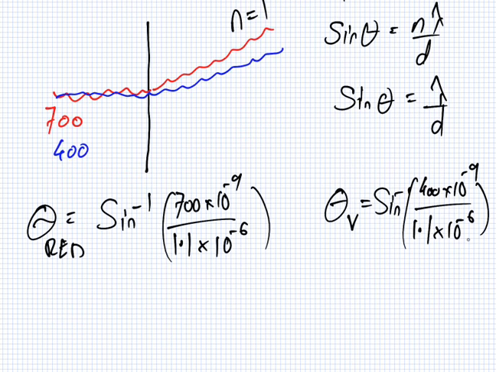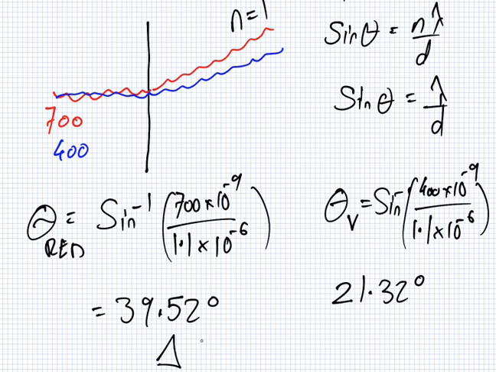Okay, so let's get the two angles here. First one, sine inverse, fraction 700 times 10 to the power of minus 9 over 1.1 times 10 to the power of minus 6. I got 39.52 degrees, and then for the other one I will get 21.32 degrees.